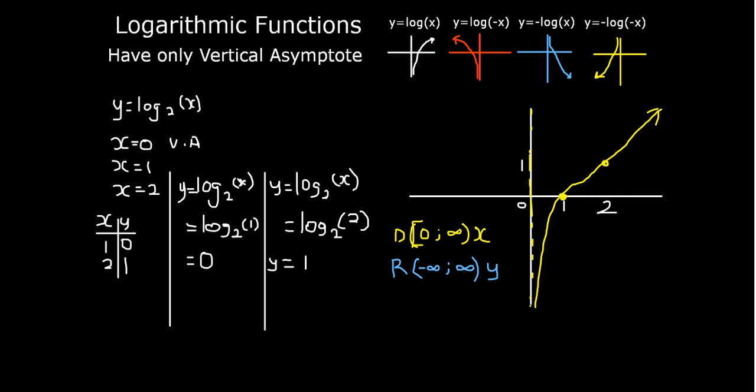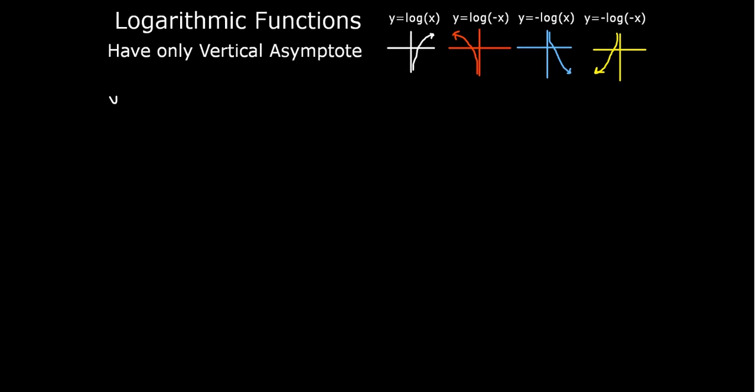Let's do another example now, one that fits whereby Y is going to be positive and X is going to be negative. Let's say we've got Y equals log of base 2 of 3 minus X. Close the bracket.